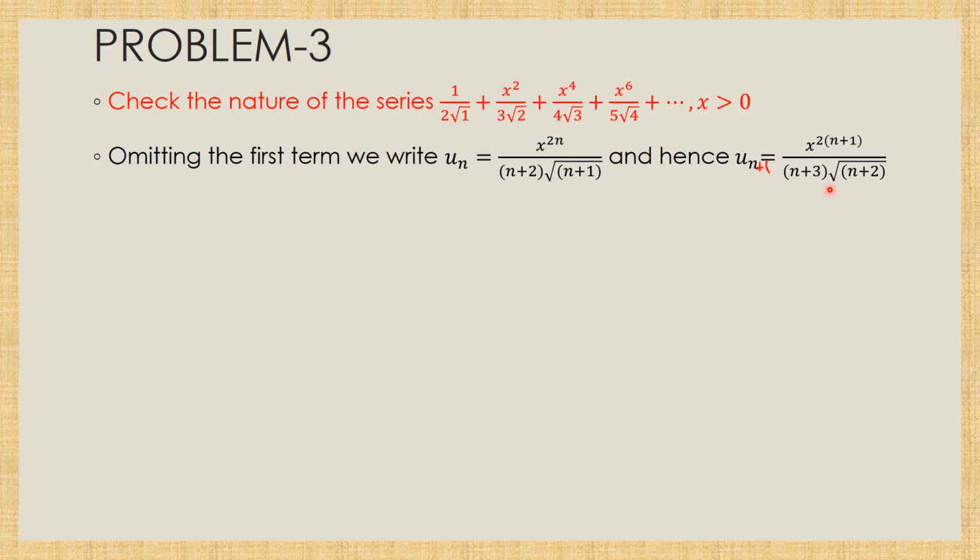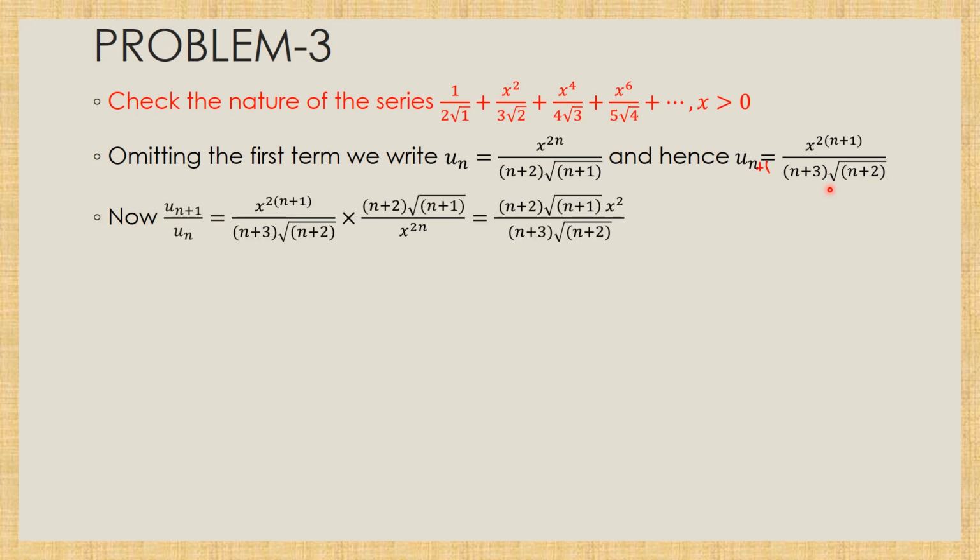Now dividing un plus 1 by un, we write x power 2 of n plus 1 into n plus 2 divided by n plus 3 into root of n plus 2, and because the ratio is a division, we multiply by the reciprocal of the denominator ratio. Here the denominator ratio is un, so this is n plus 2 into root n plus 1 divided by x power 2n.